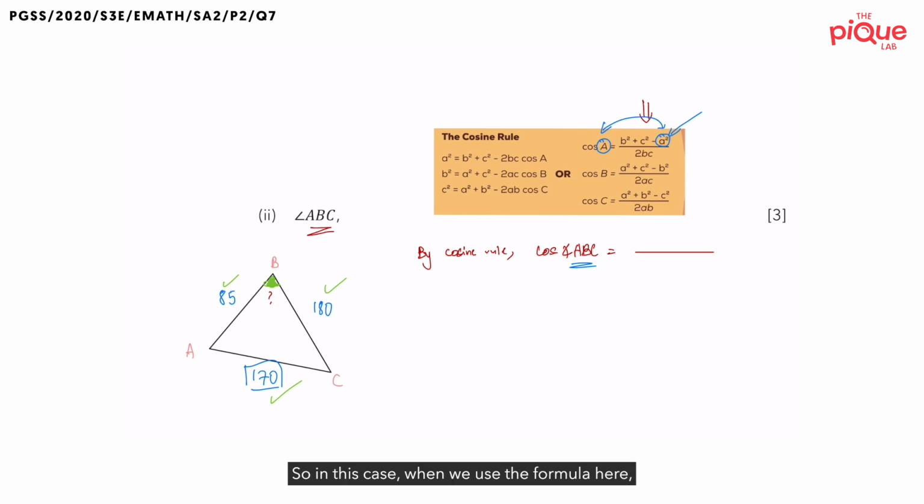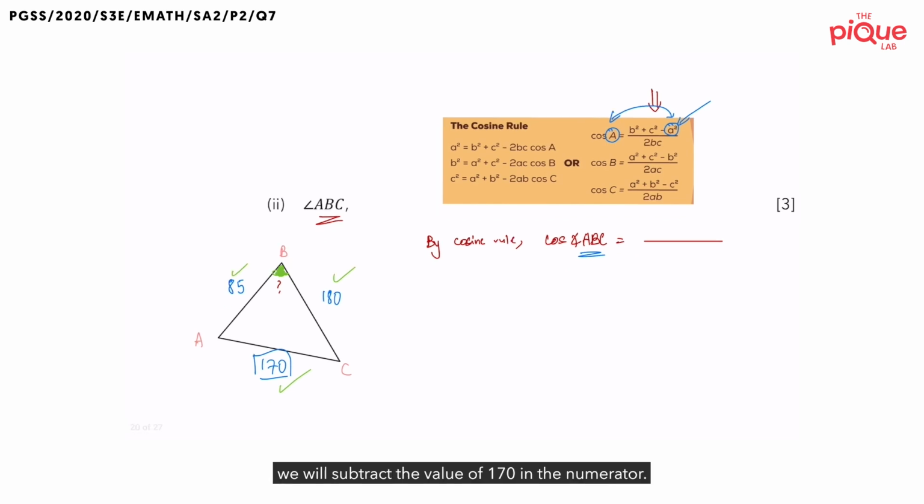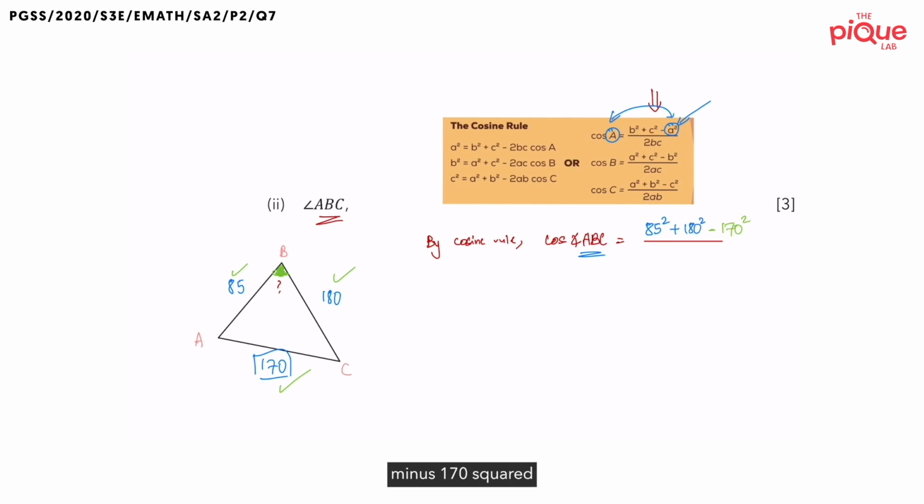So in this case, when we use the formula here, we will subtract the value of 170 in the numerator. So if we set up the cosine rule now, it will be 85 squared plus 180 squared minus 170 squared divided by 2 times 85 times 180.